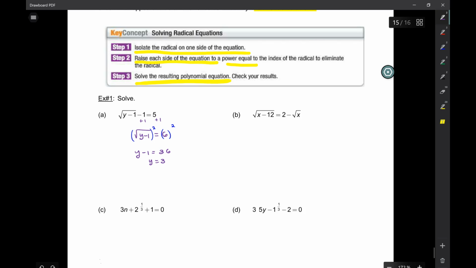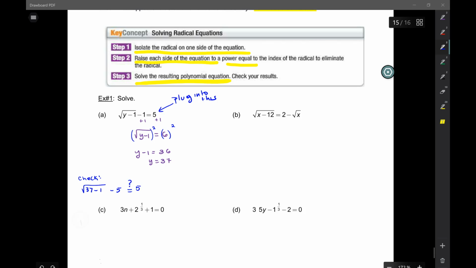y equals 37. Now, you need to check to make sure that that works. You plug it back into here. So now, the square root of 37 minus 1, minus 5, is that equal to 5?